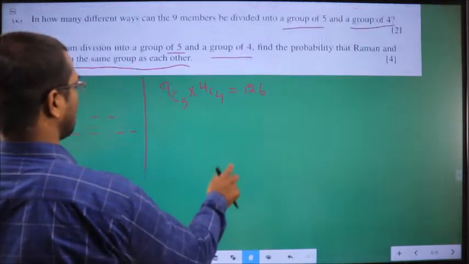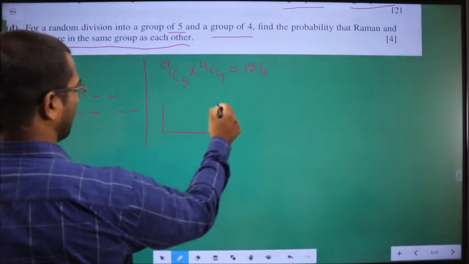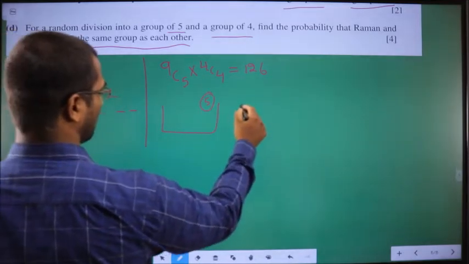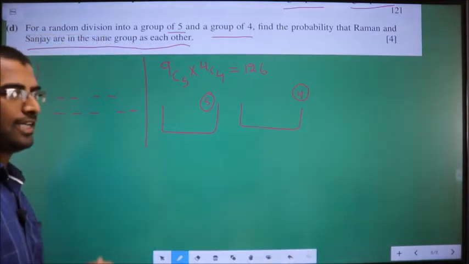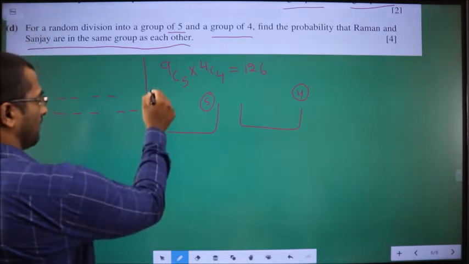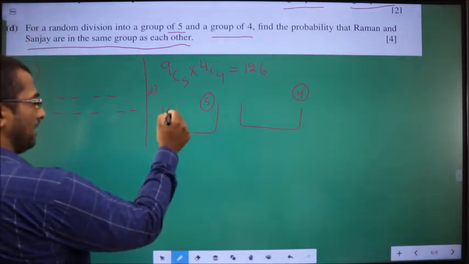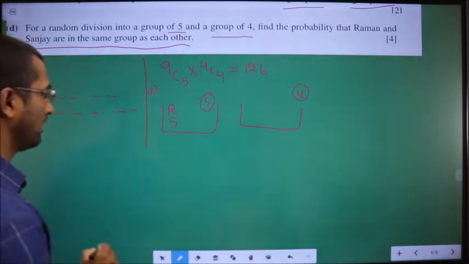They should be in the same group. It's a group of 5 and it's a group of 4. I need to make sure that they are present in the same group. Let us say I fixed Raman and Sanjay in the first group.